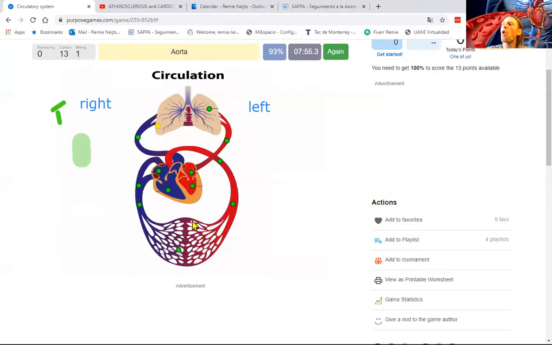It goes to all the organs, all the muscles. And then it goes with the vena cava superior on the top, and inferior, it goes back to the right atria of the heart. Okay, so that's the 2 circulations we have. The small circulation is definitely the one of the lungs. And keep in mind that it is the opposite, okay?